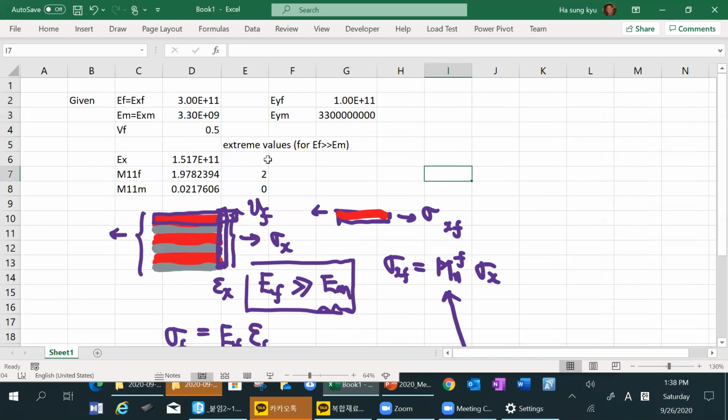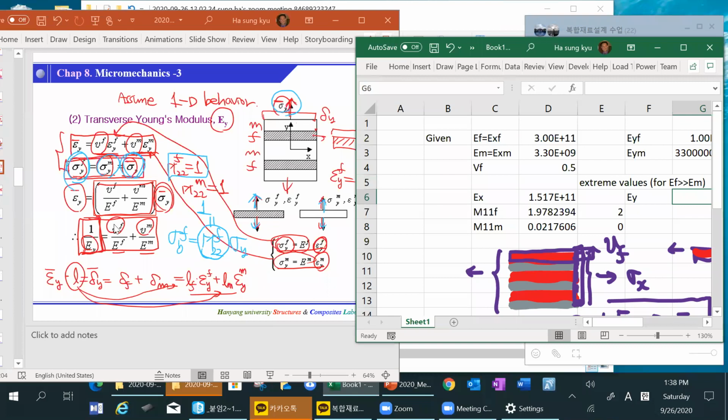And now we calculate EY. You know, EY is the inverse rule of mixtures.